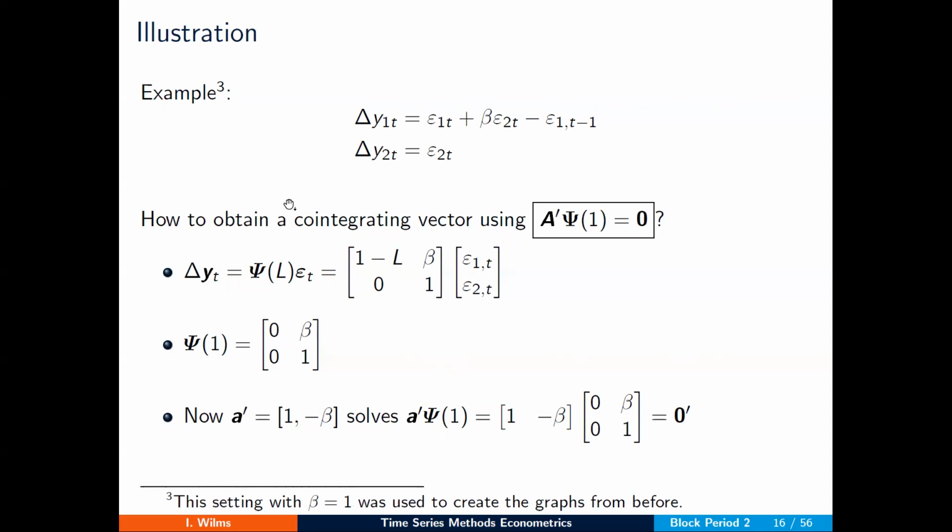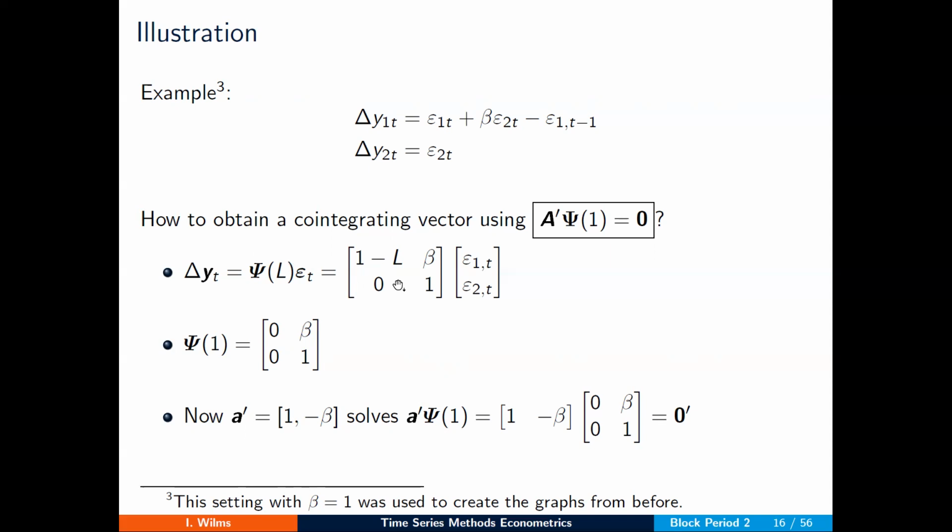Now, how can we obtain our co-integrating vector from this condition that we derived on the previous slide? Well, start from the VMA representation of the series in differences, which is our lag polynomial psi(L) times the error term, the IID error. What is our lag polynomial psi(L) in this case?